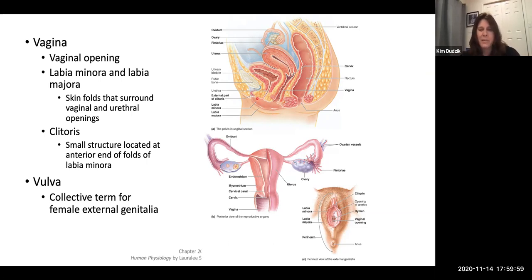And then up toward the anterior side is the clitoris, and that is embedded within the folds of the labia minora as well. That's the organ for sexual arousal and also to trigger some of the glands to produce their secretions. And then the vulva is just the collective term for the female external genitalia.